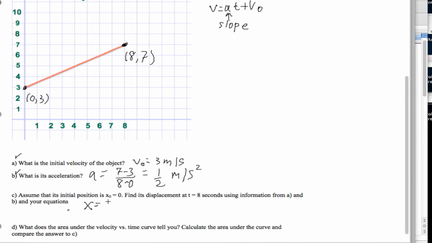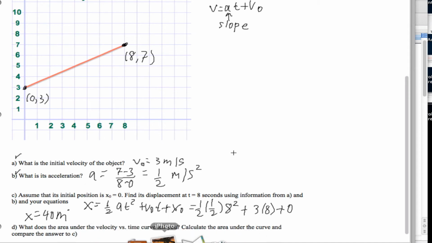So x equals 1/2 at squared plus v naught t plus x naught. And when we plug in our numbers, that's going to end up being 1/2 times 1/2 times 8 squared plus 3 times 8, plus 0, and when we actually calculate that out, we're going to end up getting x equals 40 meters.